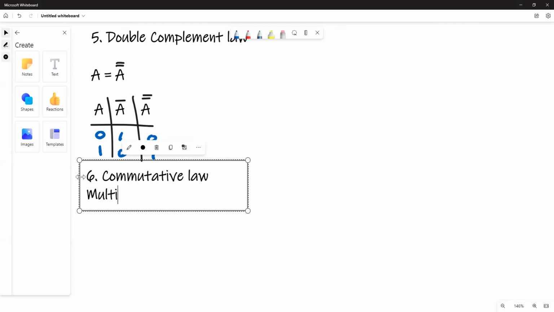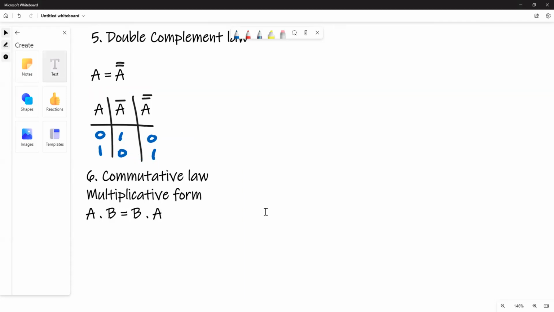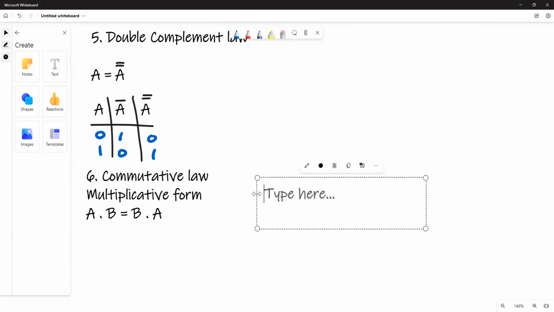We have the multiplicative form, which means we are going to say here A dot B is equal to B dot A. Now, similarly, the other form, we have the additive form, which means when you have A plus B it will be the same as B plus A.